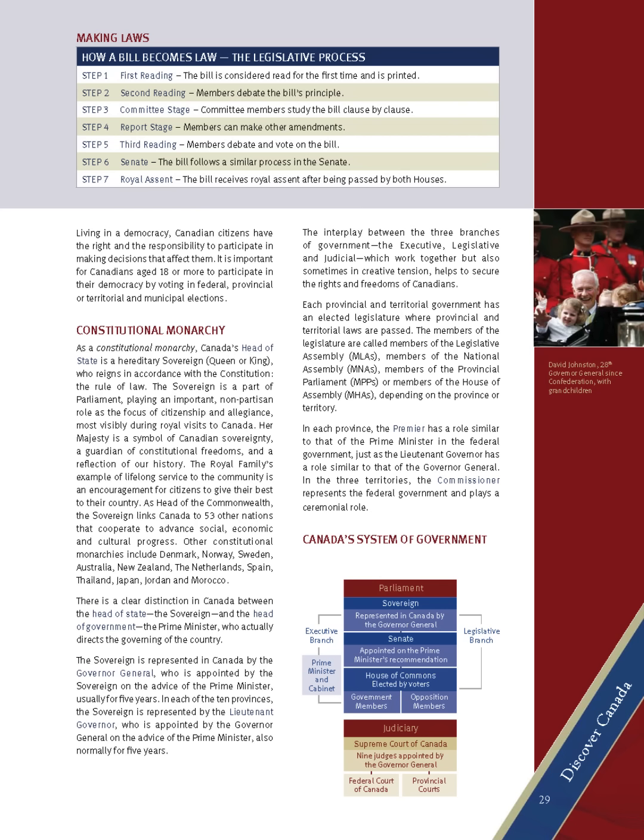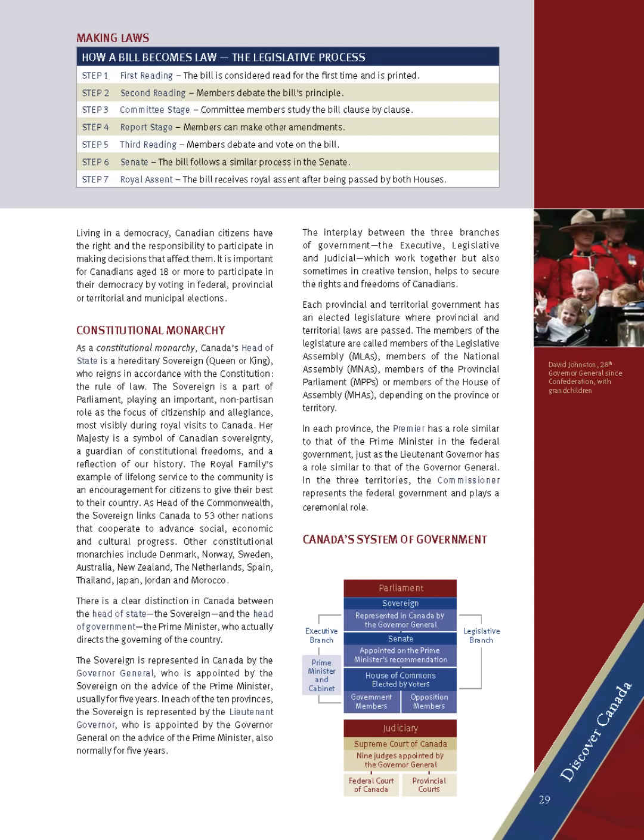Each provincial and territorial government has an elected legislature where provincial and territorial laws are passed. The members of the legislature are called Members of the Legislative Assembly, MLAs, Members of the National Assembly, MNAs, Members of the Provincial Parliament, MPPs, or Members of the House of Assembly, MHAs, depending on province or territory.